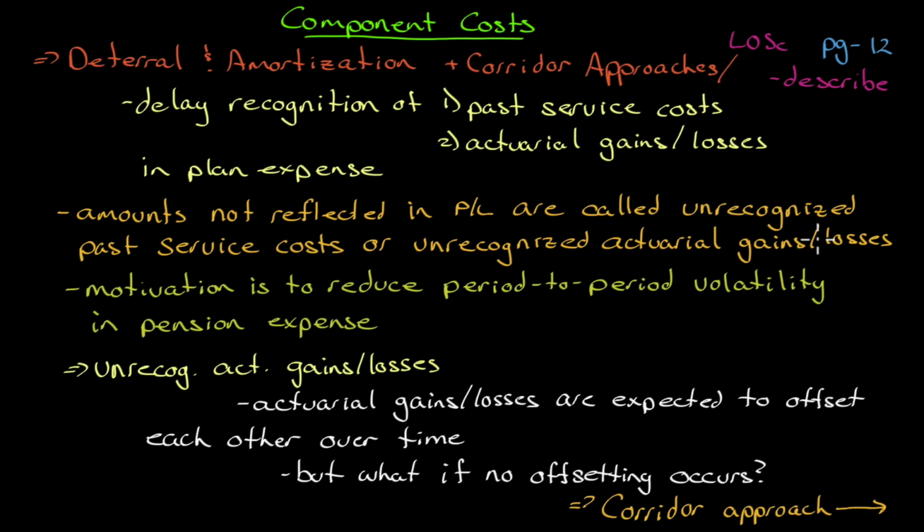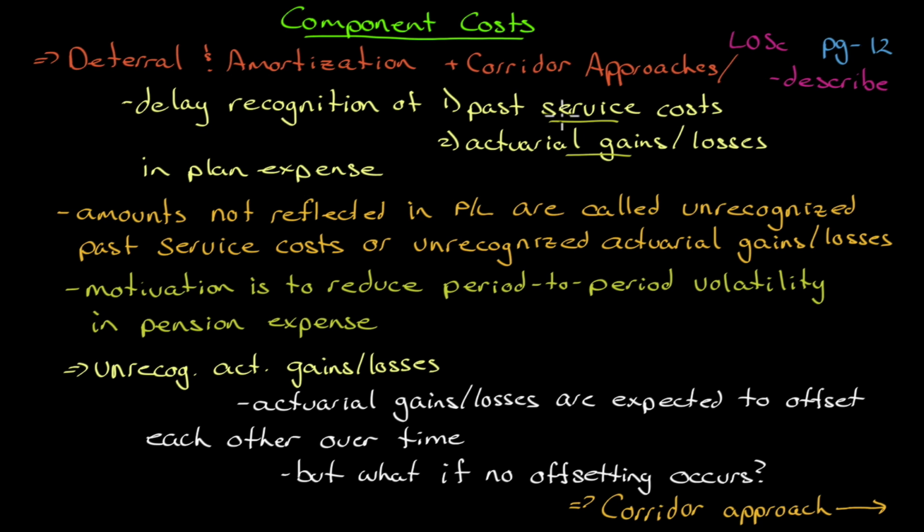All those amounts are called unrecognized past service costs, or unrecognized actuarial gains and losses, because we can delay recognition of both. And the reason this is done is to reduce period-to-period volatility in pension expense.